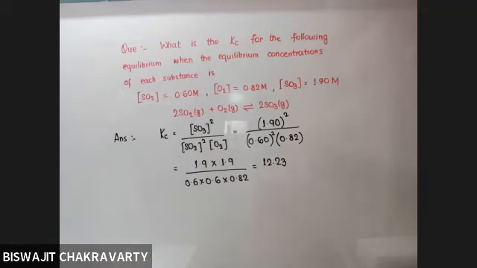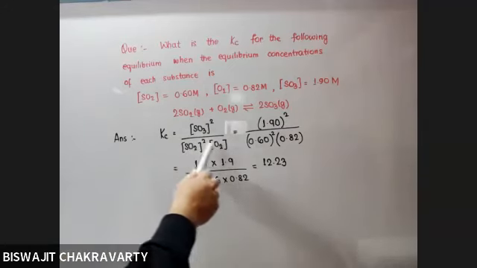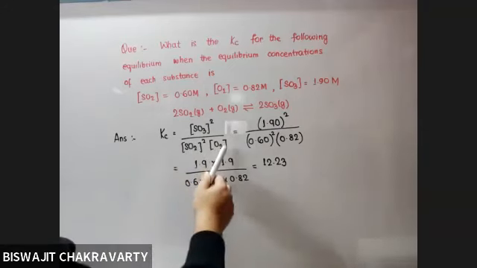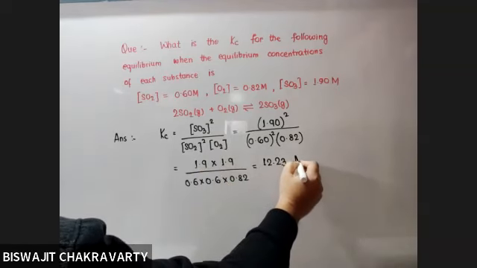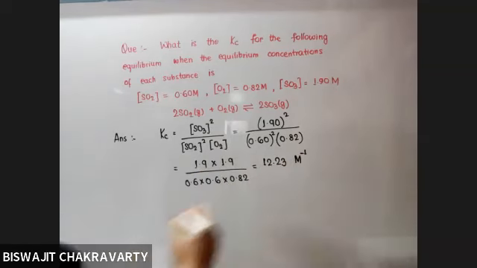12.23. Okay, what will be the unit? This is concentration square, this is concentration cube, so the denominator has more concentration, so it will be molar inverse.